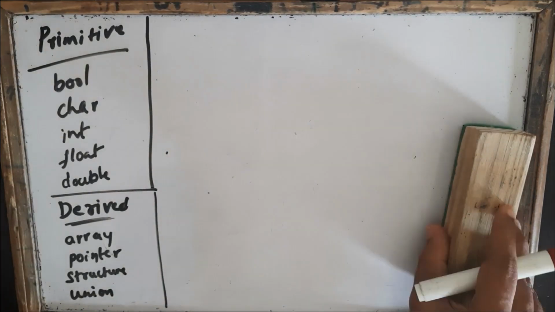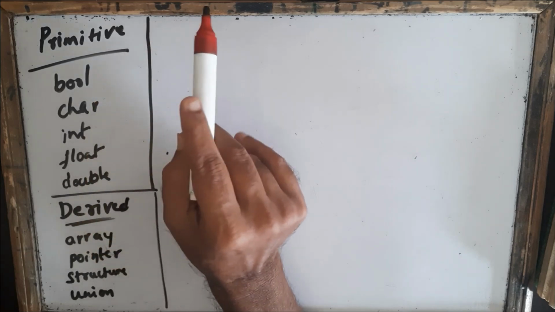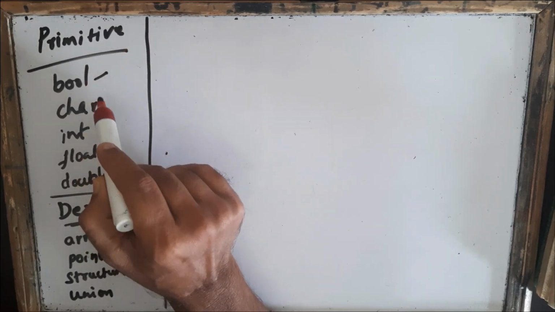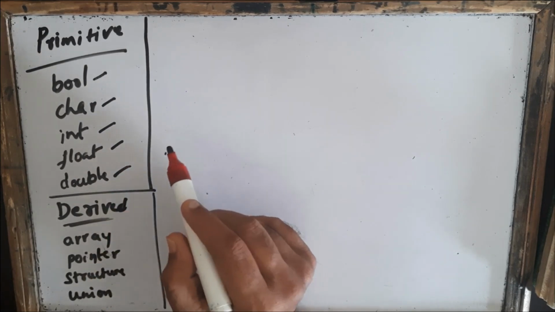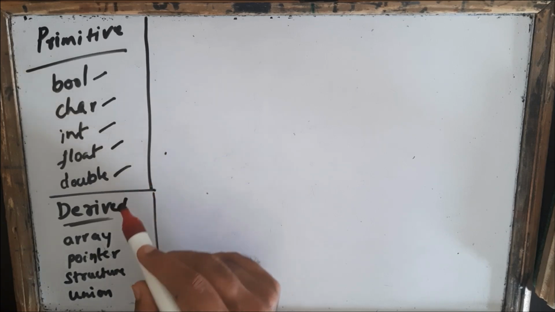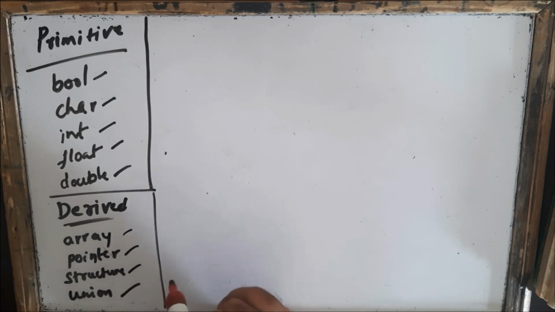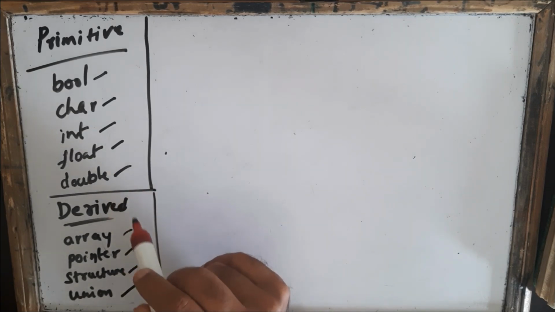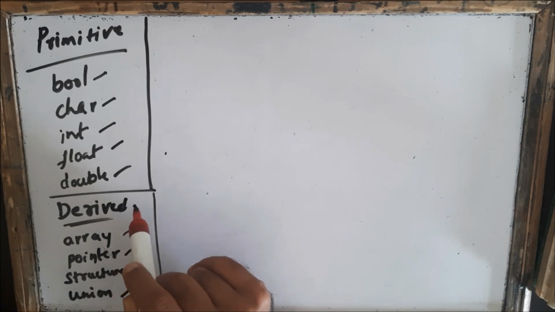We already discussed the primitive data types: bool, character, int, float, and double. So today we discuss derived data types, that is array, pointer, structure, and union. So why do we call it derived?